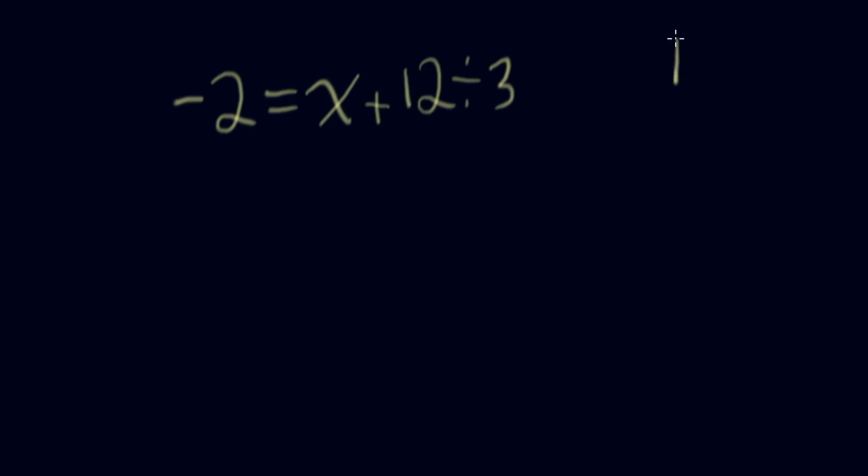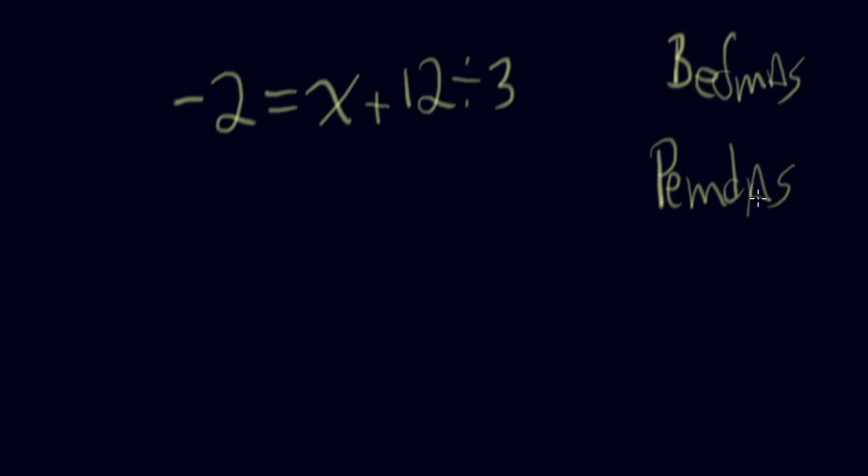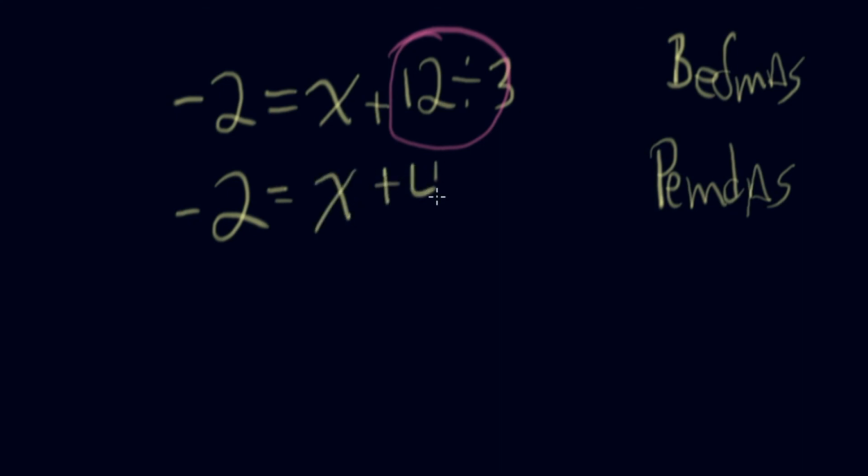Hopefully you guys remember BEDMAS for order of operations. Your teacher might have said PEMDAS. Same thing. So we need to do some order of operations first. So this 12 divided by 3 is 4. So here you get negative 2 is x plus 4.